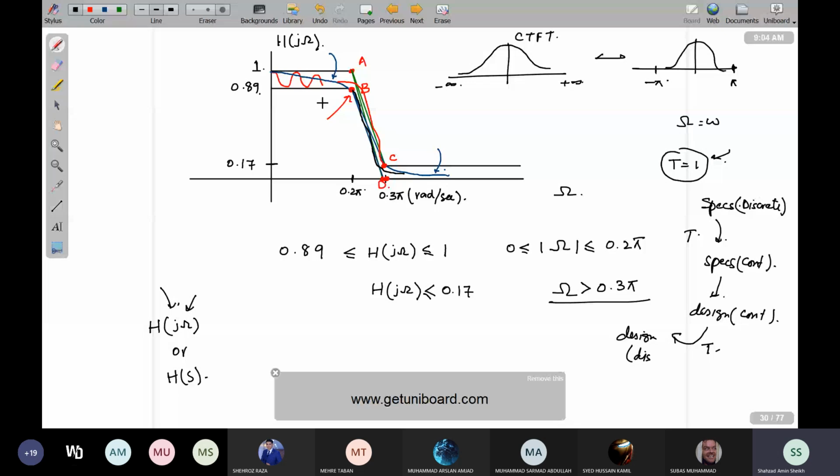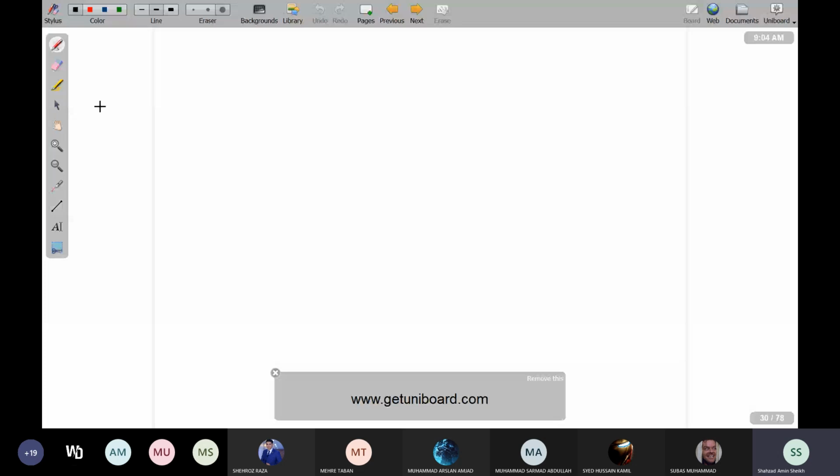So again, the same specification. This is 1, 0.89, 0.17.